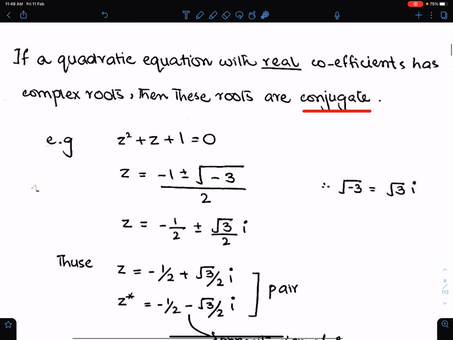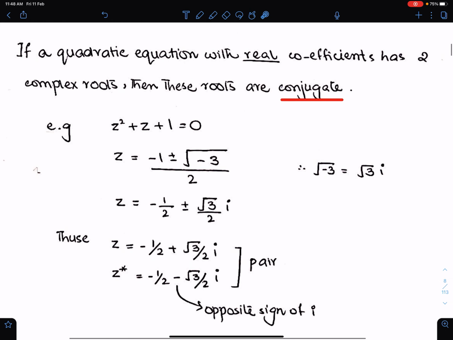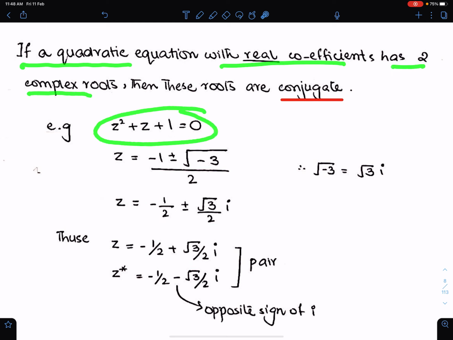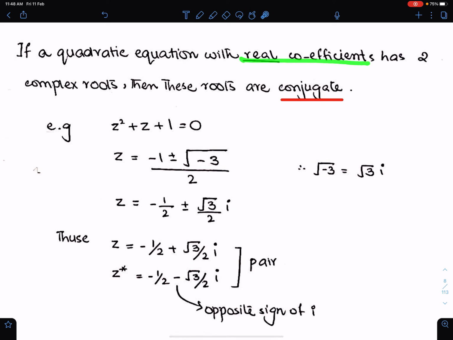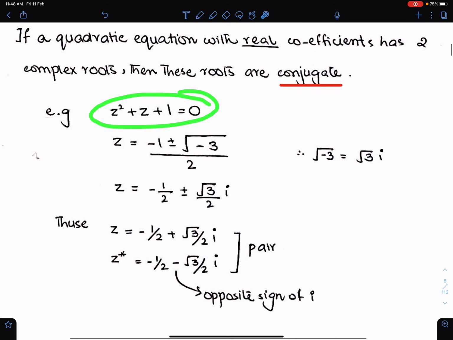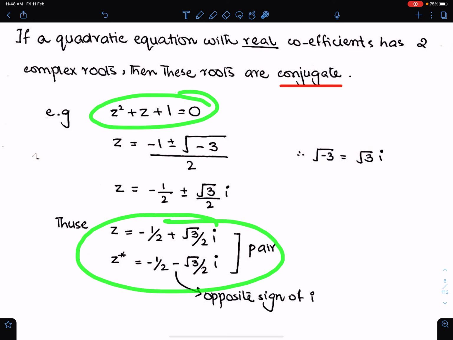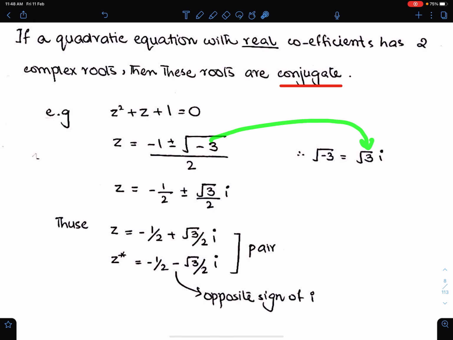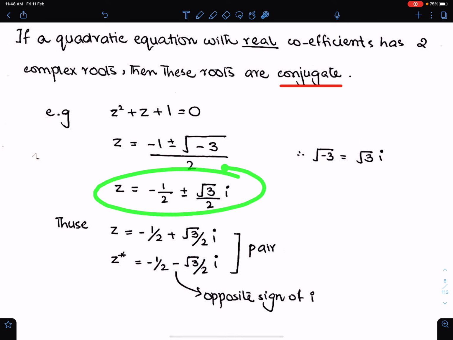Another example: a quadratic equation with real coefficients has two complex roots, so these roots are conjugate. When you solve this equation, you will get a pair like this. Under root minus 3 will become under root 3i, and when you split these two answers, you will get conjugate answers.